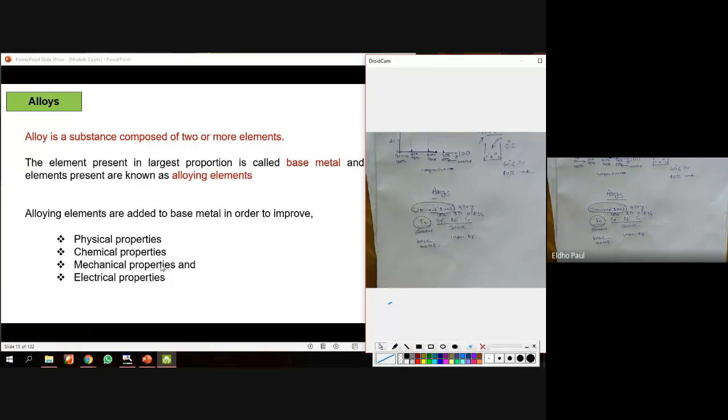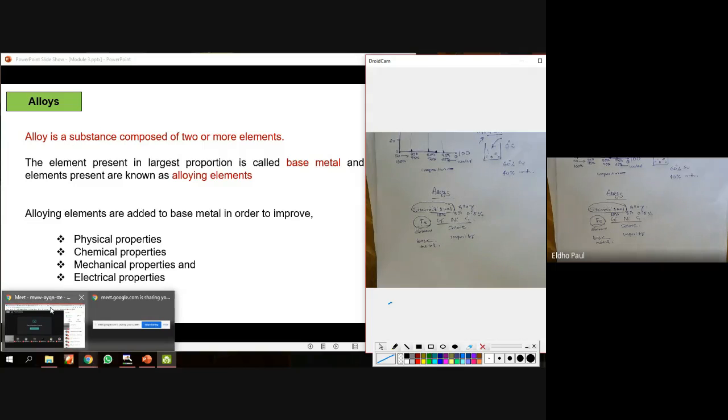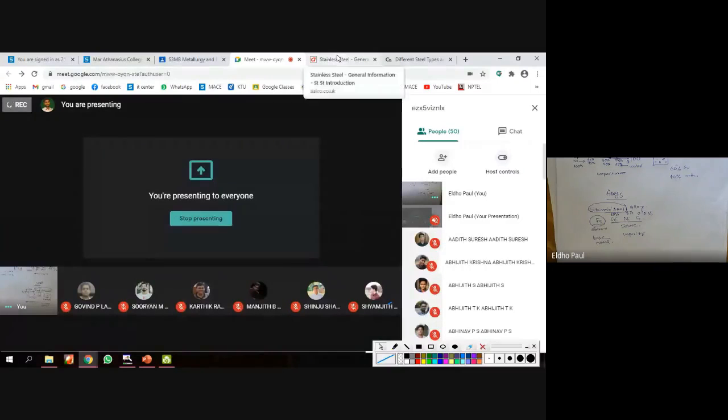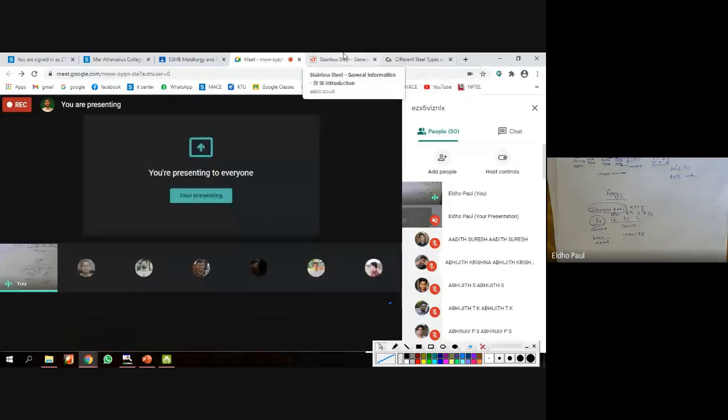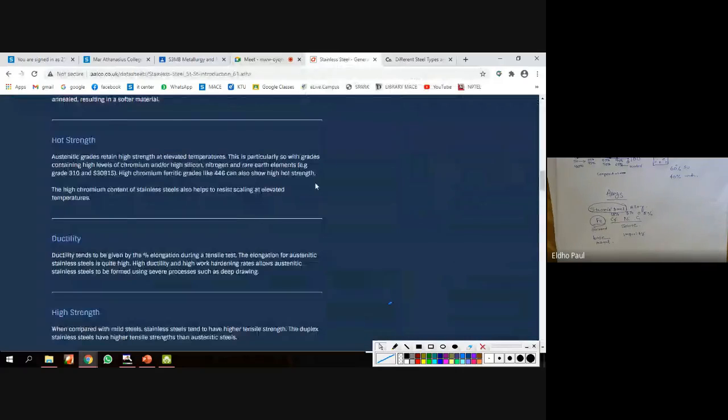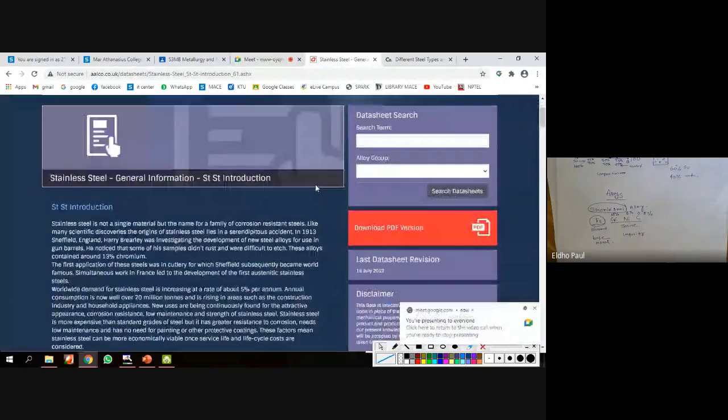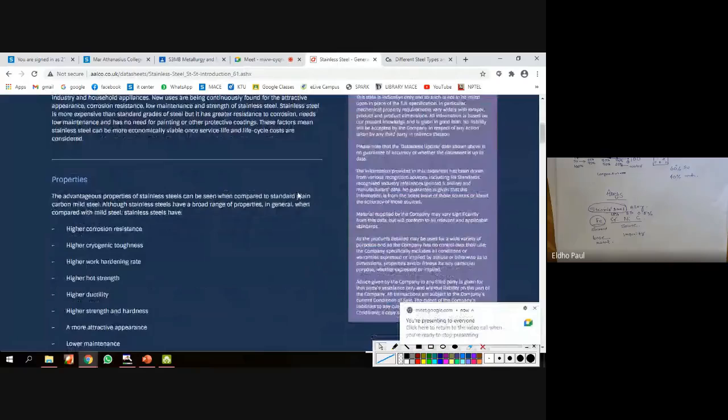So what are the different elements added to improve the properties? Here I may explain different types of elements. For example, if you take stainless steel, these are the improvements of property.